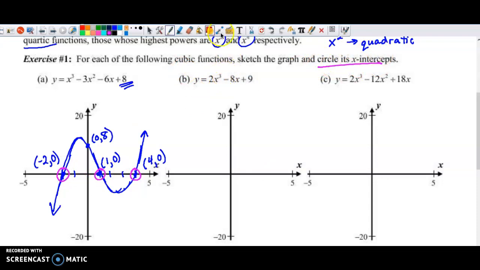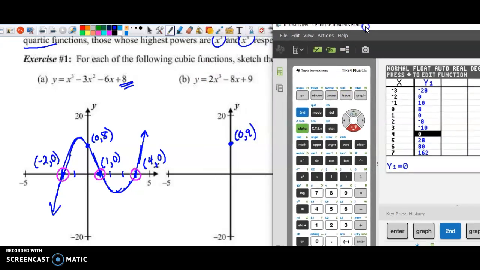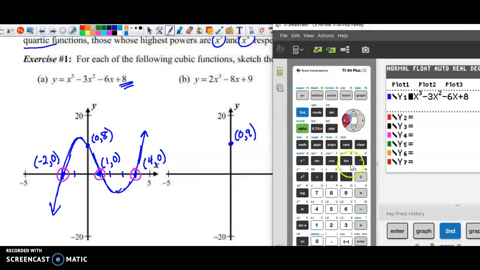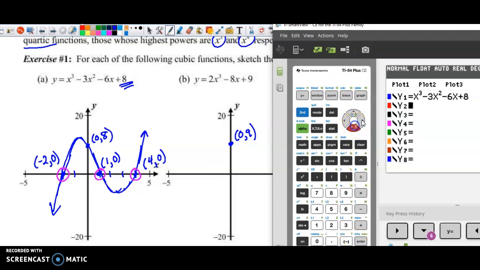So I can do the same thing with the next one, just a few things. The (0, 9) should shout out at you. I don't know if you're quite there yet on being able to find the x-intercepts, but we have 2x cubed. And if you're afraid that you make a mistake, you can actually hide it by unhighlighting the equal sign.